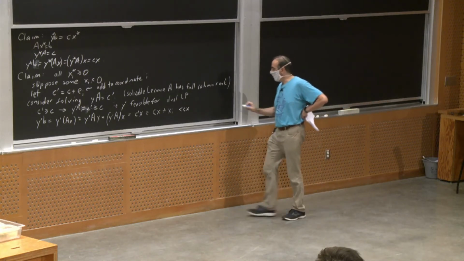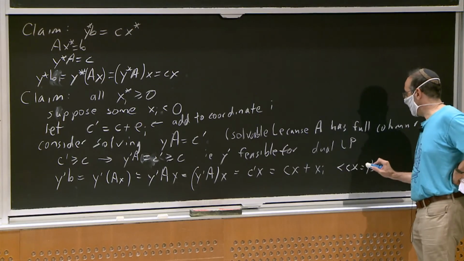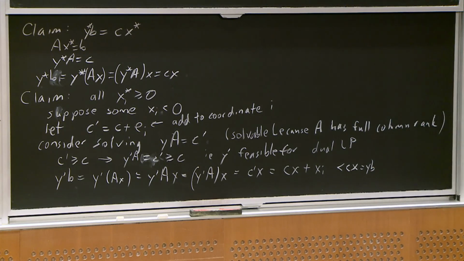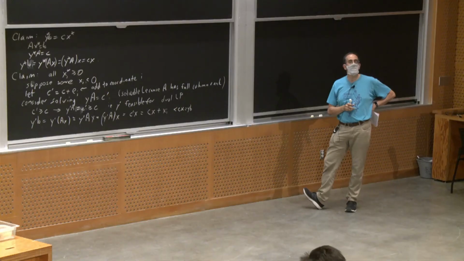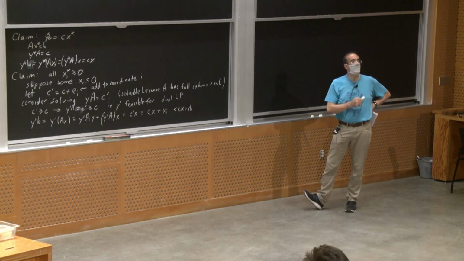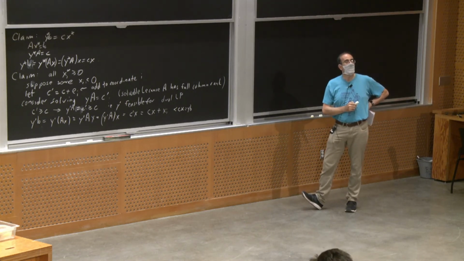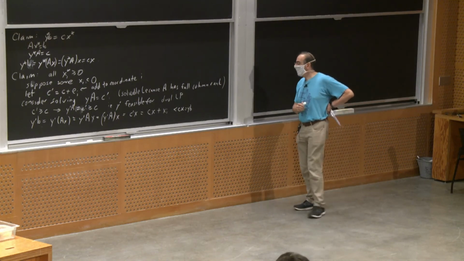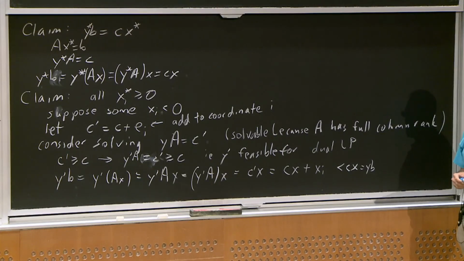Right? Remember that cx was equal to yb. So if we find something that's smaller, what does that mean? Yeah? We violated weak duality. Or, well, I wouldn't put it quite that way. But we got something that's better than opt.